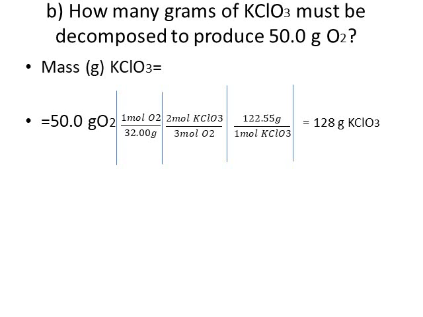Yes, the mass of potassium perchlorate equals 50 gram oxygen given times 1 mole over 32 gram. In this step, I change grams of oxygen into moles. Then, multiplying with the ratio from the balanced equation, 2 moles potassium chlorate over 3 moles oxygen gas, where the ratio was 2 to 3.